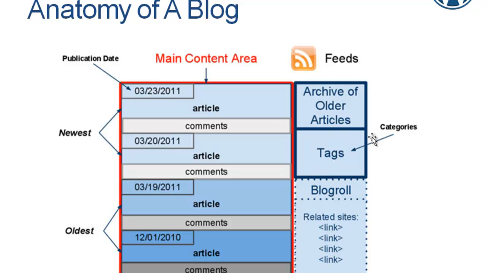Tags. I'm not sure why this arrow for categories is pointing to tags, because they're really two different things. But with tags, usually you'll have some kind of tag cloud. If your post is on, I don't know, baseball bats, then you'd have some tags on the side, maybe baseball, baseball bats, sports equipment, stuff like that, just tags that have to do with the article.